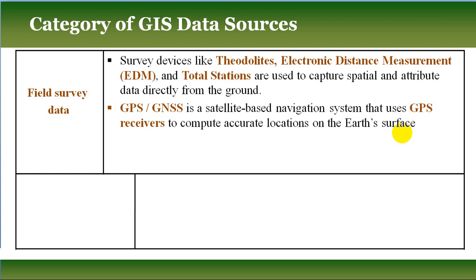In your smartphone, you just enable your GPS, then using your smartphone visit different locations. So all the location geographical data, that means longitude and latitude values, you can collect on your smartphone, then download this data directly from your smartphone and use it in your GIS project. So that you can use.